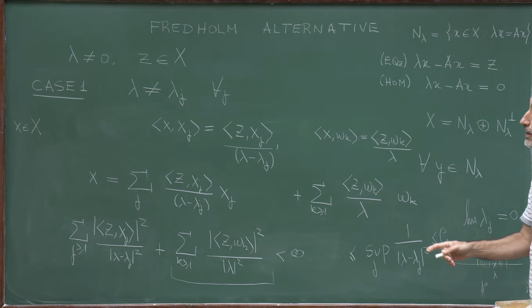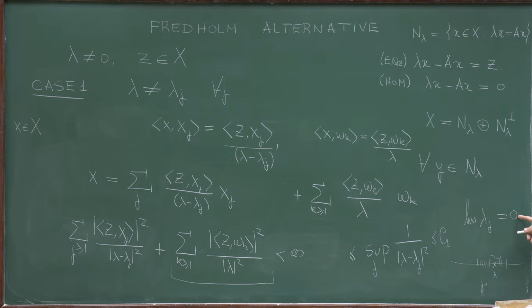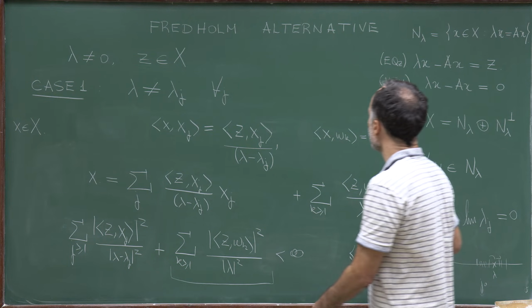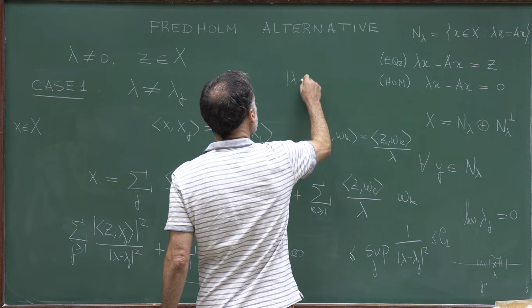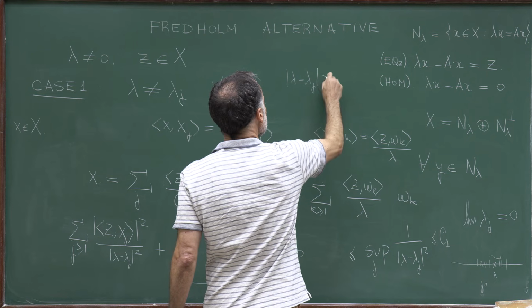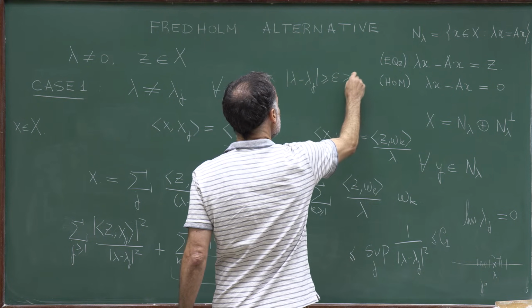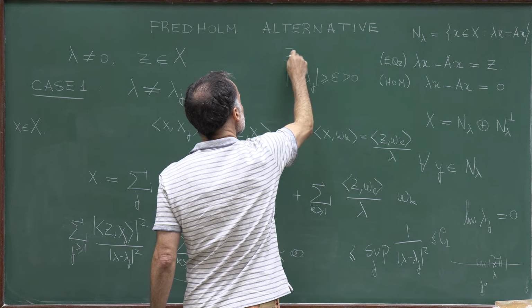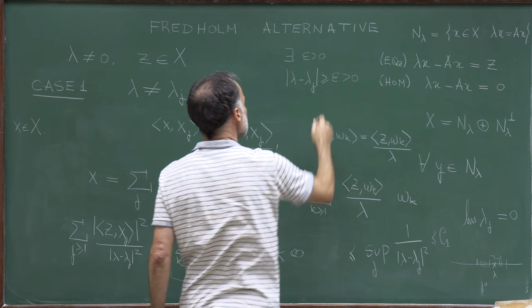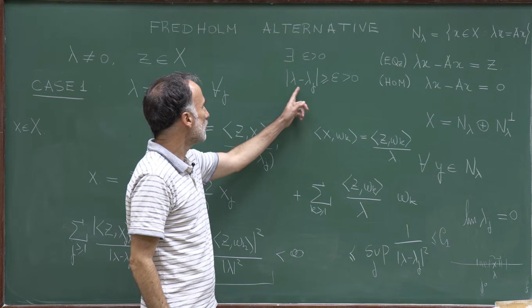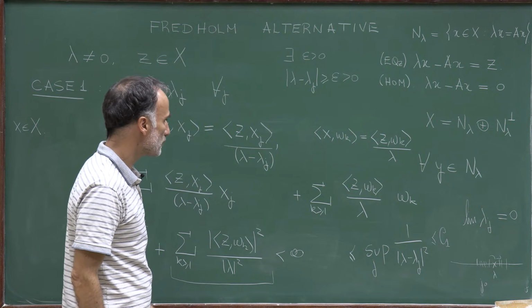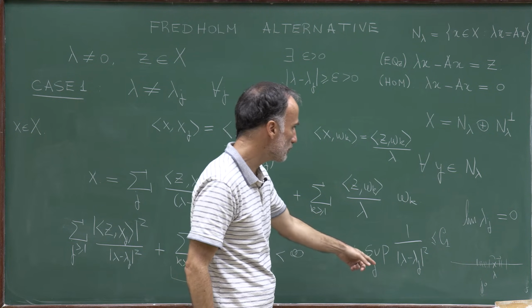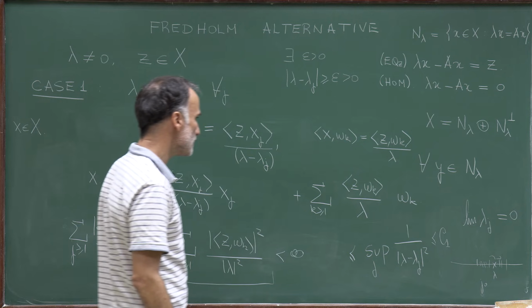So from the fact that the λ_j's are converging to 0, we can guarantee that there exists an epsilon positive such that |λ − λ_j| is larger than epsilon, which is strictly positive, which means that the supremum of the inverse is bounded by some constant C1.